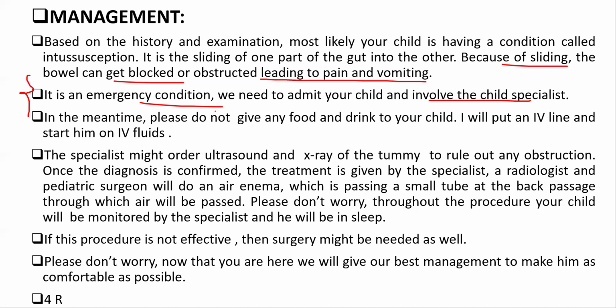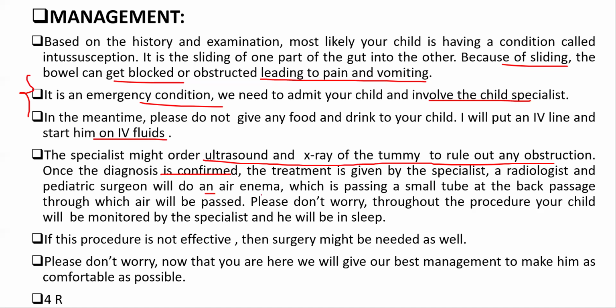In the meantime, while we wait for the child specialist to come and review, please do not give him any food or drink. And I'm going to insert an IV line and start him on IV fluid. Specialists might also want to do an ultrasound and X-ray of his tummy to rule out any obstruction. Once the diagnosis is confirmed, treatment is usually done by a specialist radiologist and a pediatric surgeon.